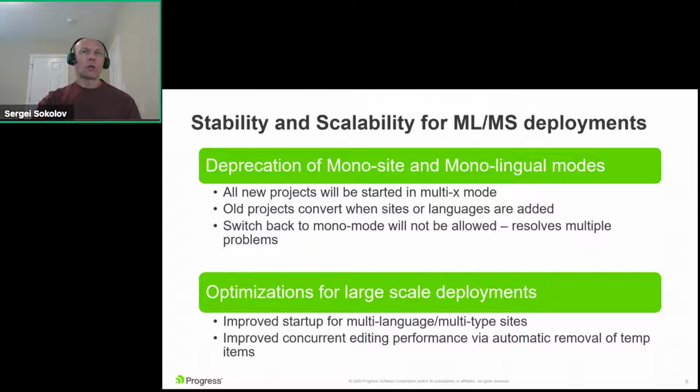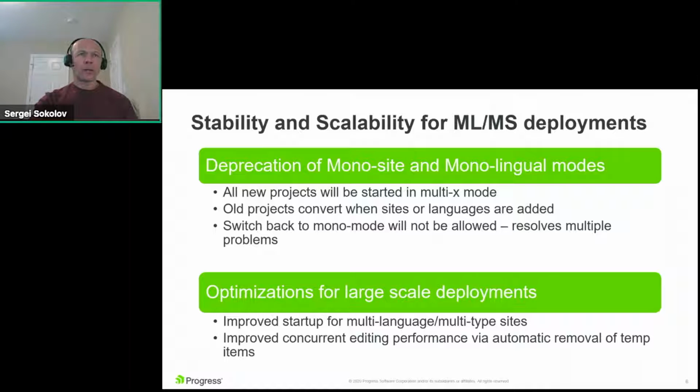A little more on multi-language and multi-site deployments. There are two key things. One is the monosite and monolingual modes are deprecated. New projects are started in multi-mode, and old projects convert when a site or language is added.